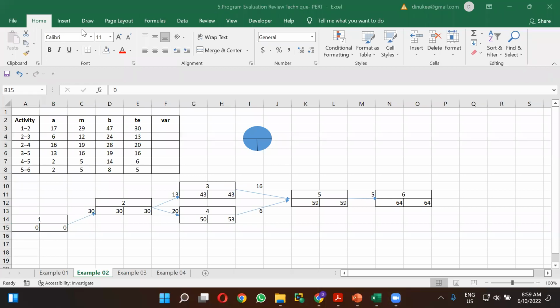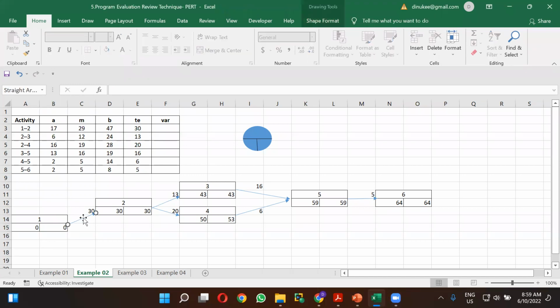We can find the critical path now, right? So now we are going to find the critical path. If we can easily find out, we can just connect the zeros like a kite. So the place where the similar values are there. So the 0, 0 means 0 slack. So this is a critical activity.